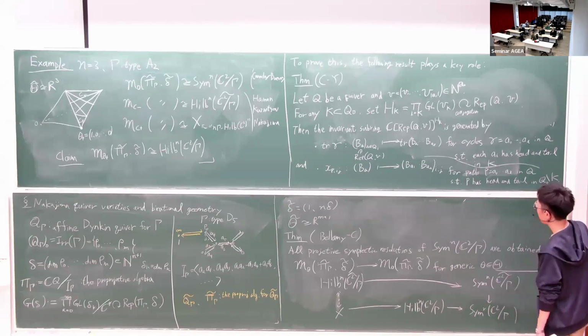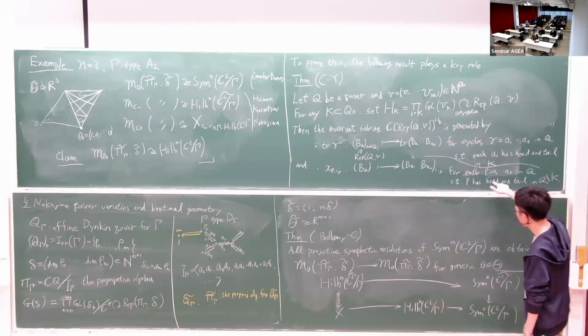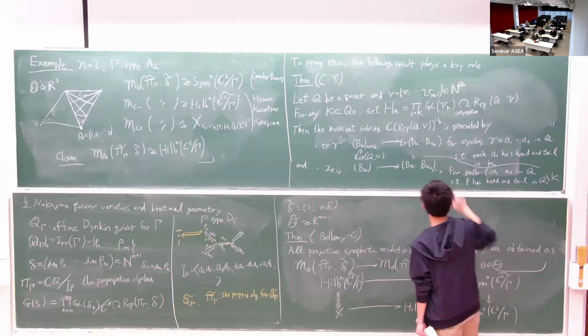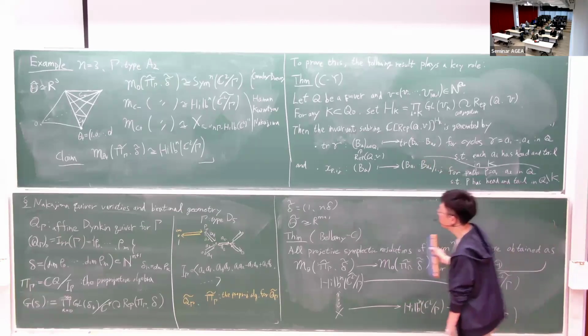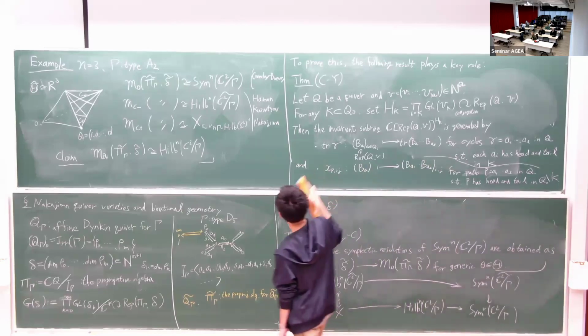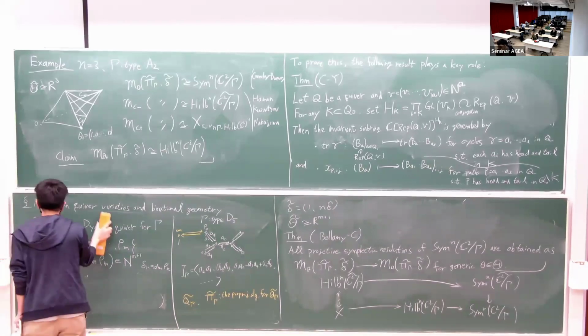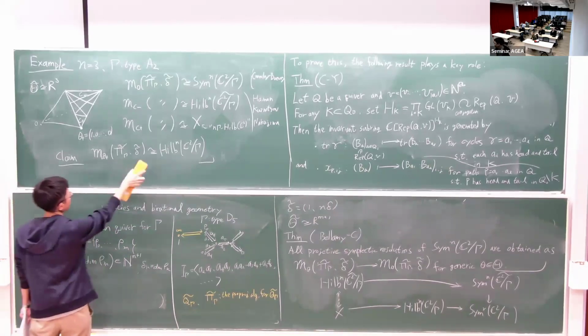You can also check that this function is also invariant with respect to the action of H_K. So this theorem plays an important role in the proof of this isomorphism.